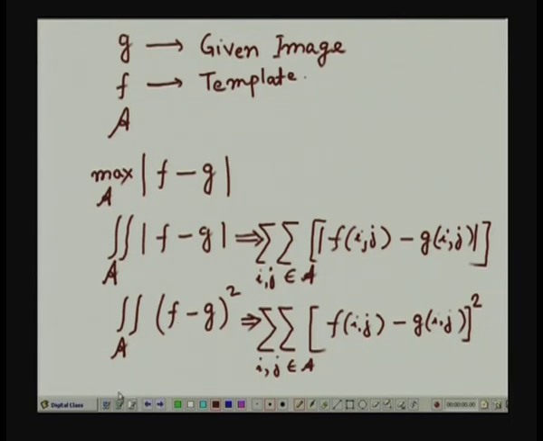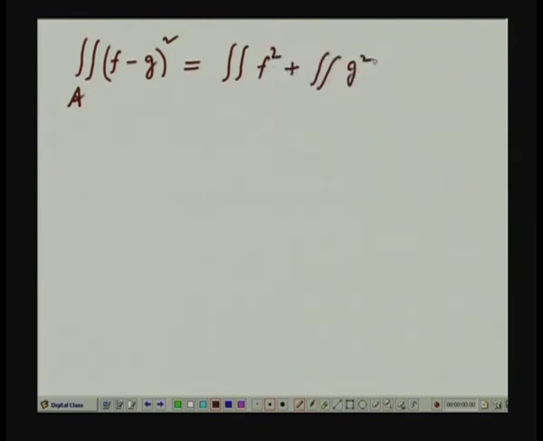This is very interesting. If I expand this term, the f minus g square double integration over the region A becomes double integration f square plus double integration g square minus 2 into double integration f into g.